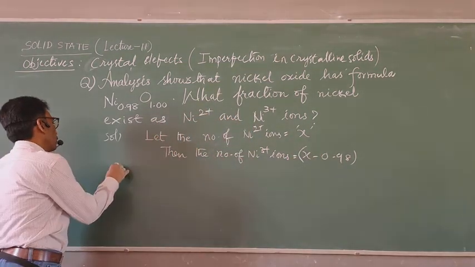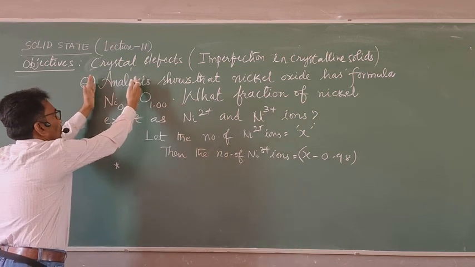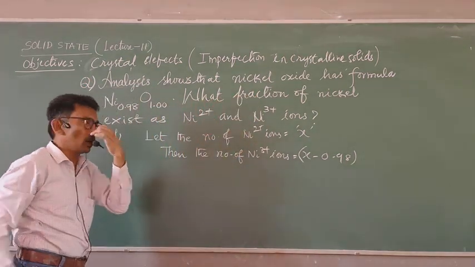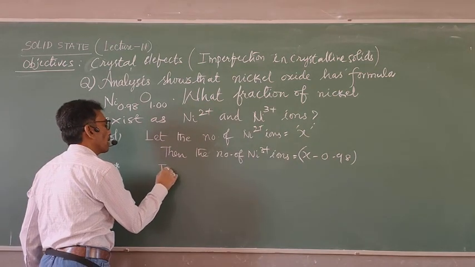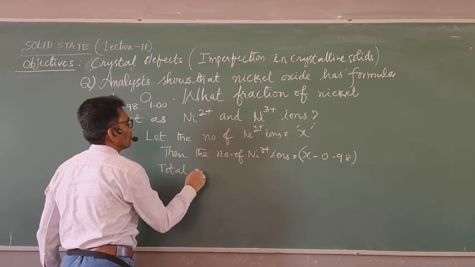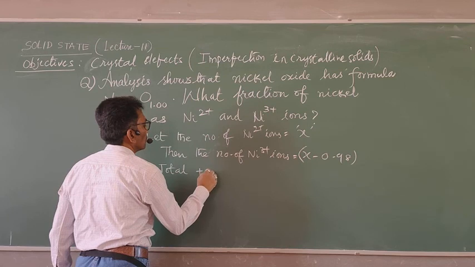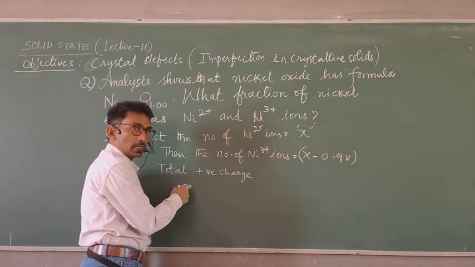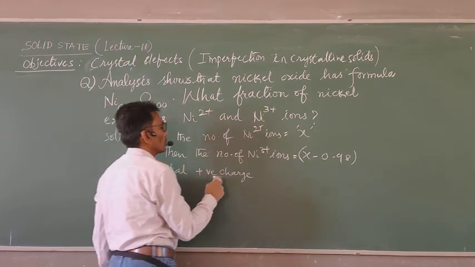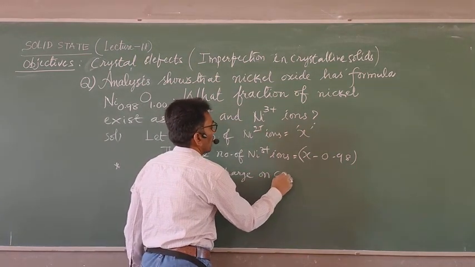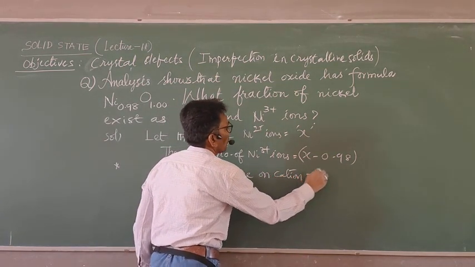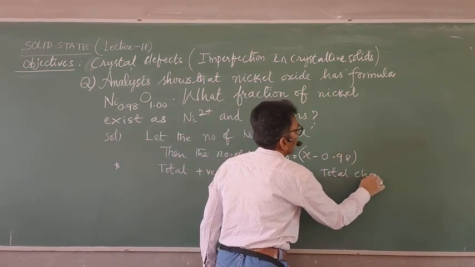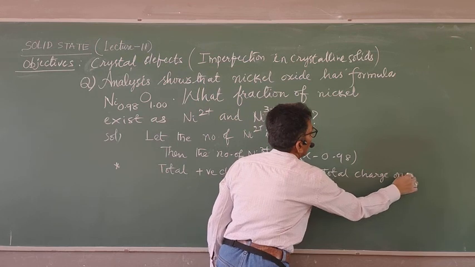Then a crucial information: total positive charge on cation is equal to total negative charge on anion. For understanding, it is not required to write the plus and minus signs.